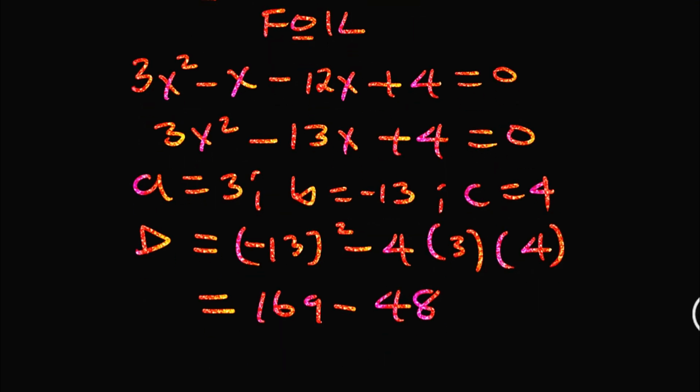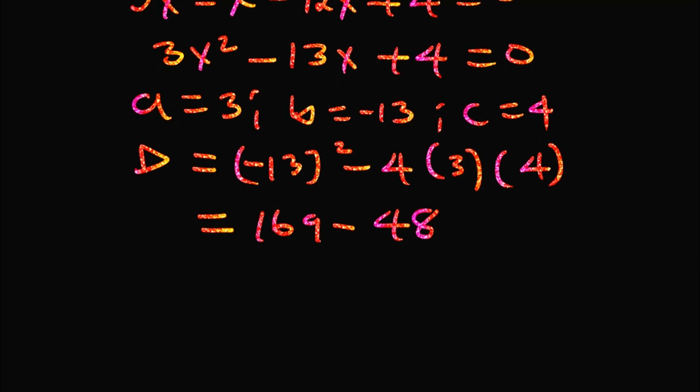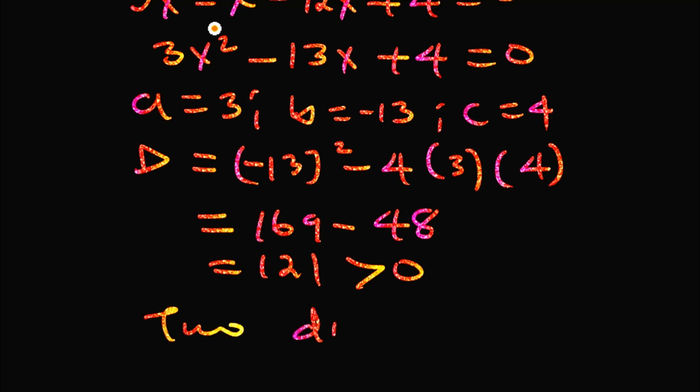When you simplify this, you get 121, which is greater than 0. When the discriminant is greater than 0, we have two distinct real roots.